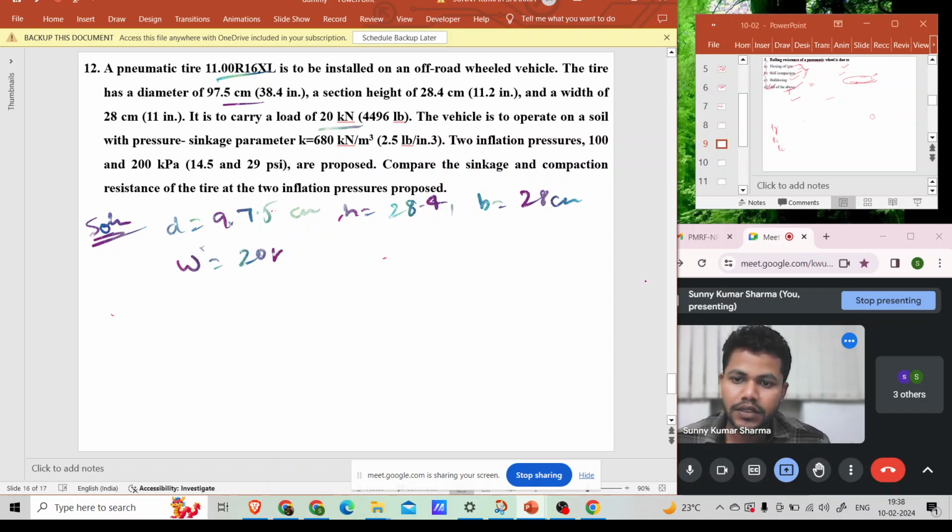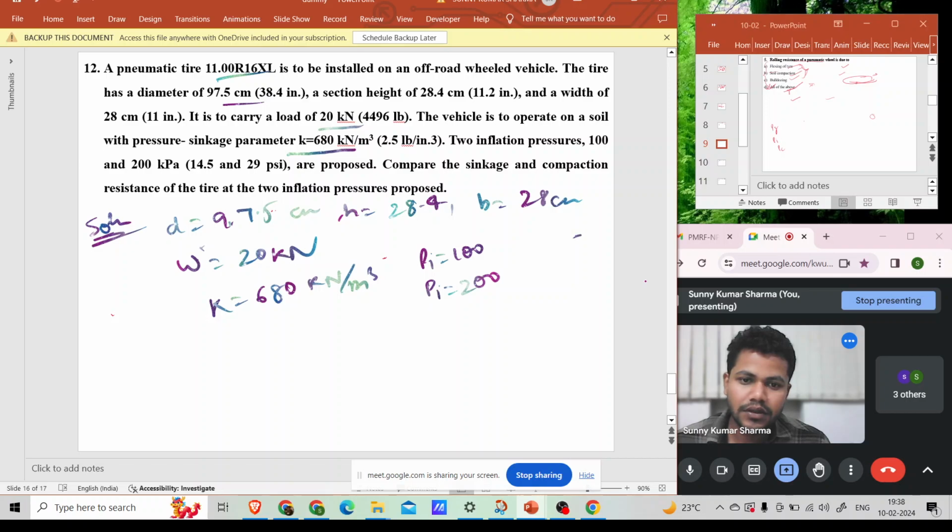The vehicle is to operate on a soil with pressure sinkage parameter K equal to 680 kilonewton per meter cube. Two inflation pressures are given. One is 100 kilopascal and second is 200 kilopascal. Compare the sinkage and compaction resistance of the tire at the two inflation pressures.